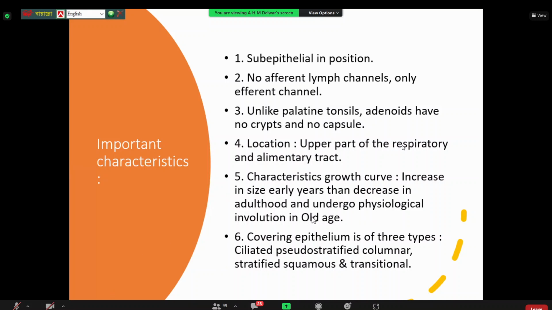In old age, it almost regresses. The covering epithelium is of three types, because it is the junction of the upper respiratory and alimentary tract: ciliated pseudostratified columnar, stratified squamous, and transitional. Important.